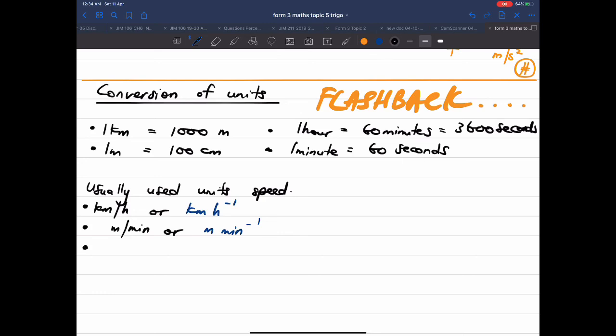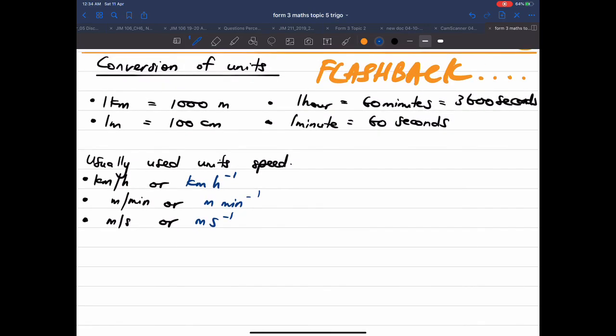Then meter per second, or meter second negative 1. You bring everything up, that's all. Okay, how about conversion for acceleration? This is for speed. So you must know this is conversion of units for speed.